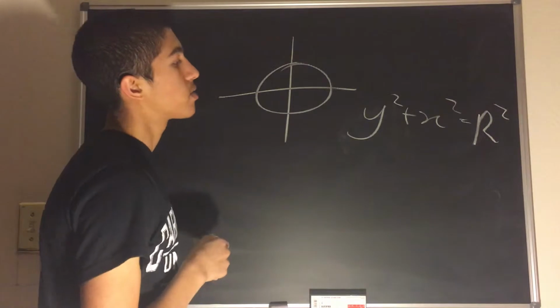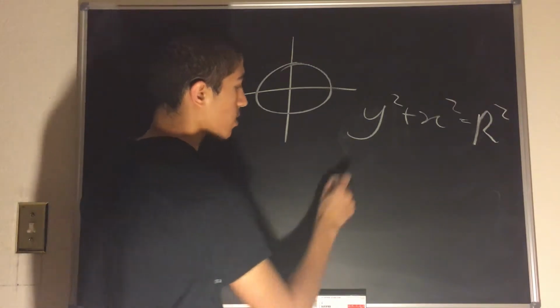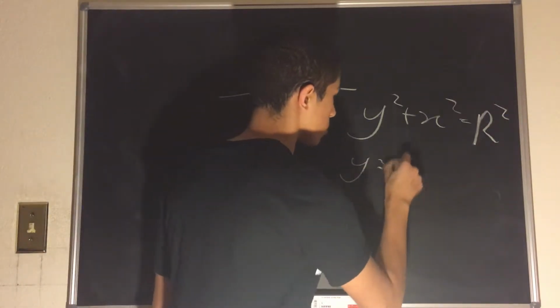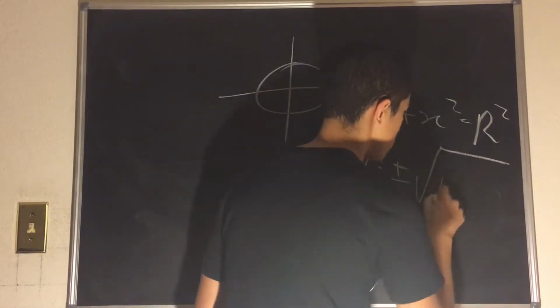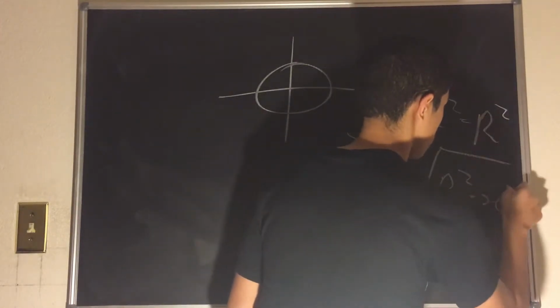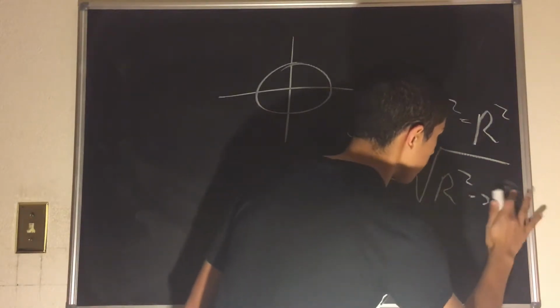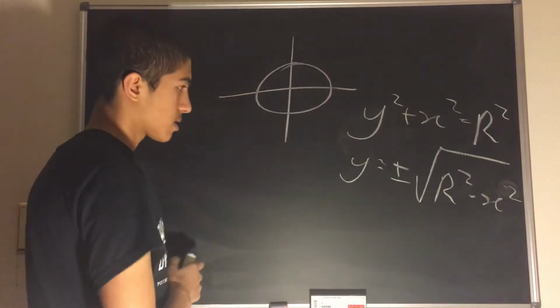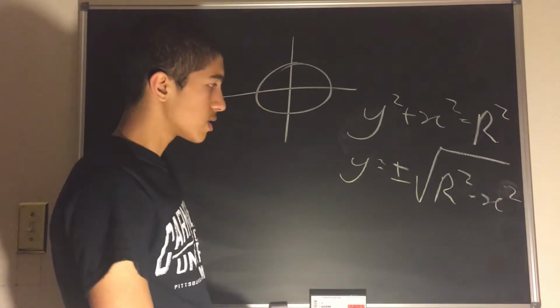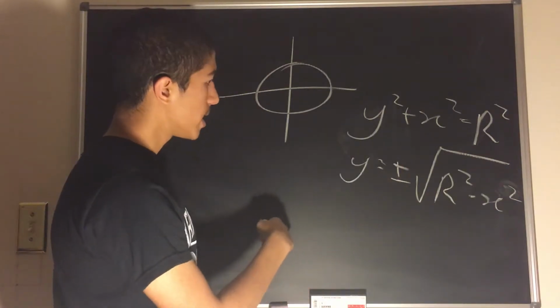And if we put that equation simply in terms of y, then we have y is equal to plus or minus root r squared minus x squared.